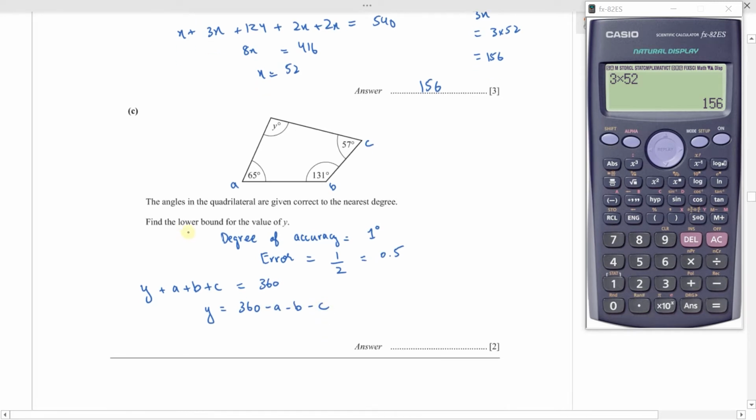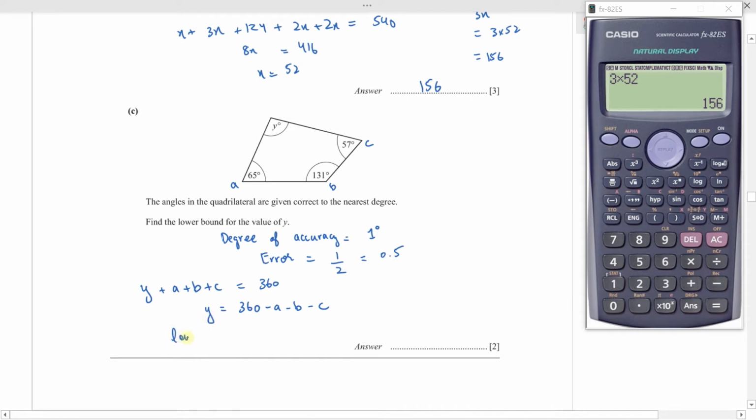So now we have to find the lower bound of y. That means I have to find the minimum possible value of y. So how can I find the minimum possible value of y? Since I'm subtracting these numbers from 360, I'll subtract the upper bound so I get the smallest number. If I subtract the lower bounds, I will be subtracting a smaller number, so I'll get a larger value of y. That's why I have to subtract the maximum possible number from 360, so that I'm left with the smallest possible value of y.